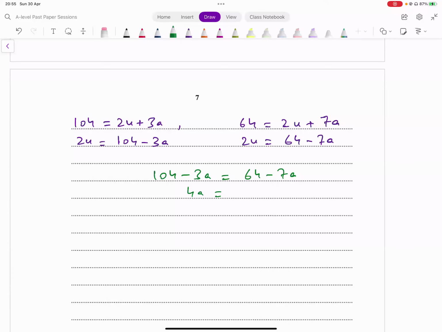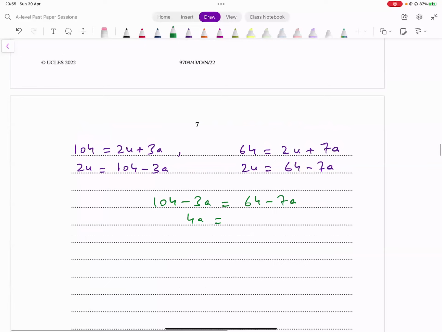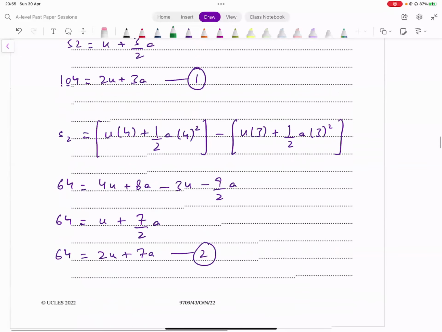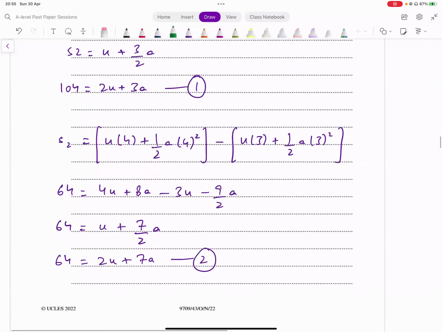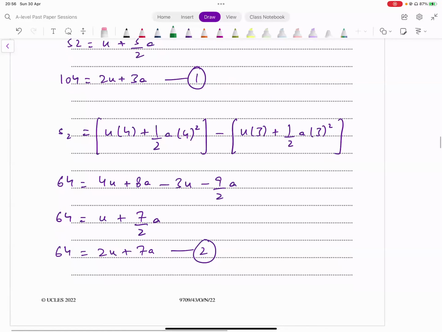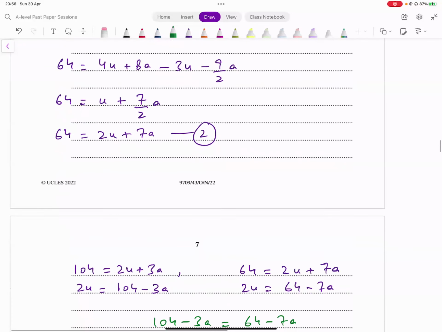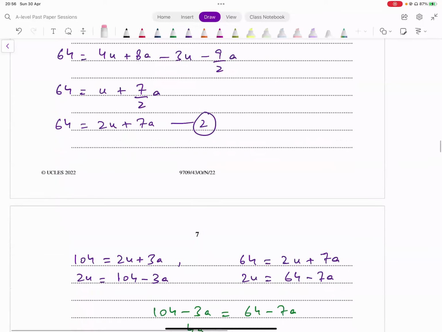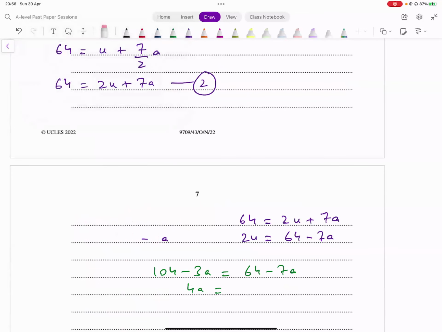I'm having a lot of careless errors today for some reason. Let me just check the equations again. 52 equals u plus 1.5a, and 64 equals u plus, yeah, okay. So I multiplied by 2 here. Let me do that again here. यहाँ पे मैंने क्या किया है?